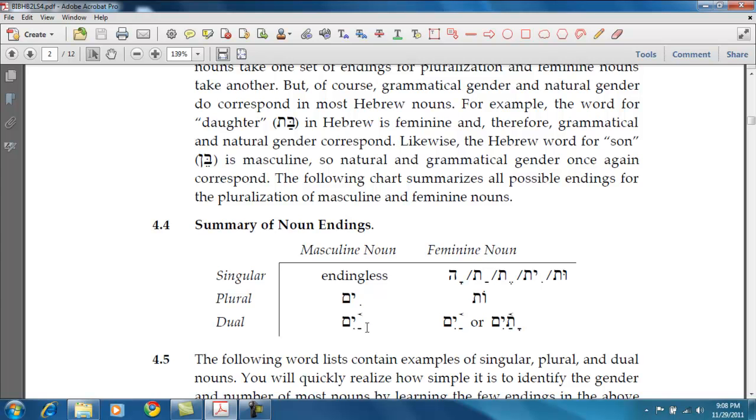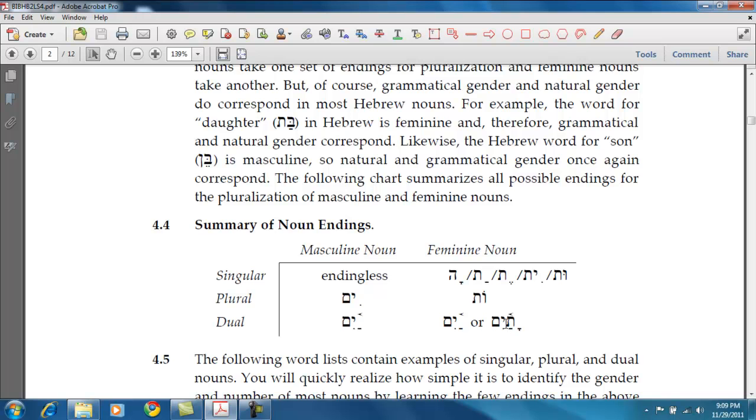Again, the ayim is both dual for masculine and feminine. The ayim is for those endless nouns that are feminine, and tayim are for those nouns that are like Torah, the kametz hey type of feminine noun, where the hey drops off and the tav takes its place.